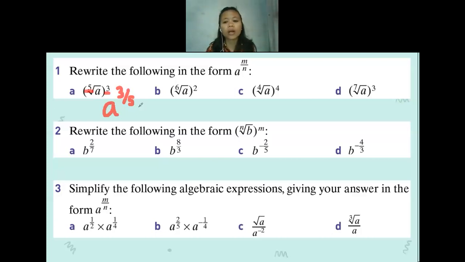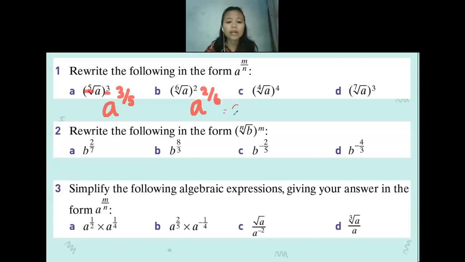Is there anyone who gets confused? No? Okay. For the question B, it will be a to the power of how many? 2 out of 6. Can we simplify this? 1 out of 3. Okay, so we can write it as a to the power of 1 out of 3.